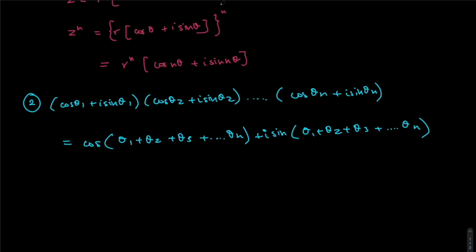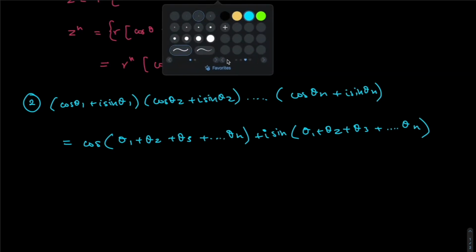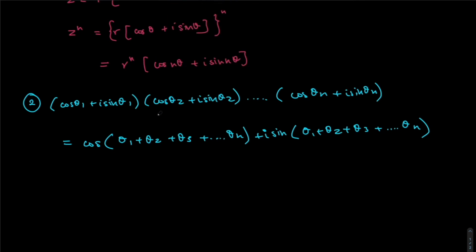And if you want me to prove it, I can do it very easily. I'll use the same colors as before. I can write each of them in Euler's form. So this would be e raised to the power i theta 1 times e raised to the power i theta 2, and so on until e raised to the power i theta n.